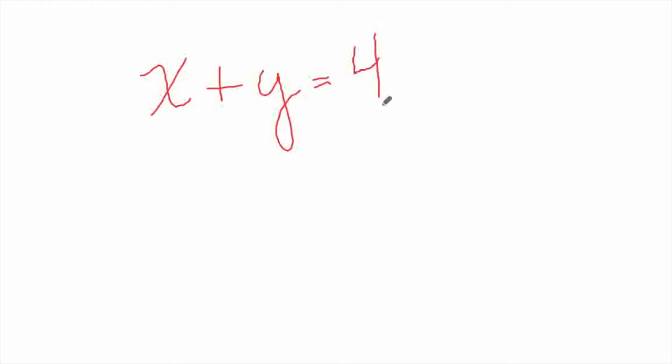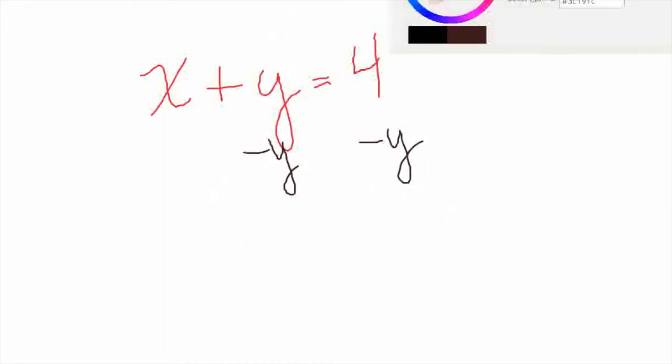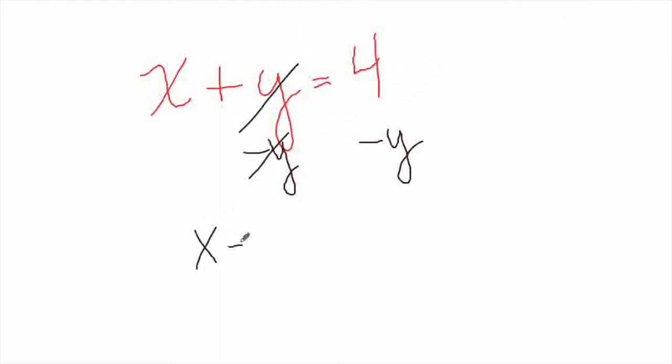If y was a number, you would move it to the other side, right? And then you'd have x equals something. So let's move y to the other side. It's not a number, but we can still use our same skills. When you subtract y from both sides, these guys kill each other. So x is 4 minus y.